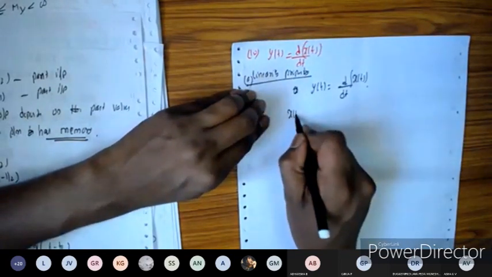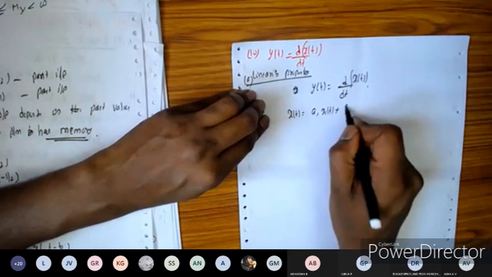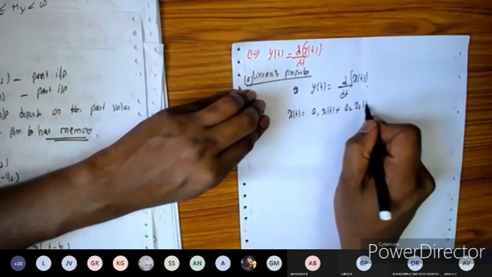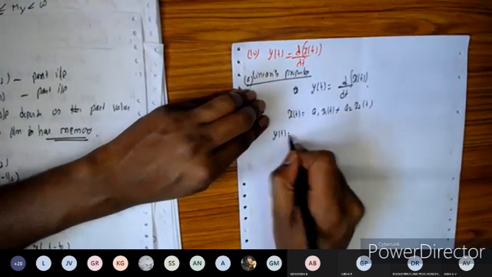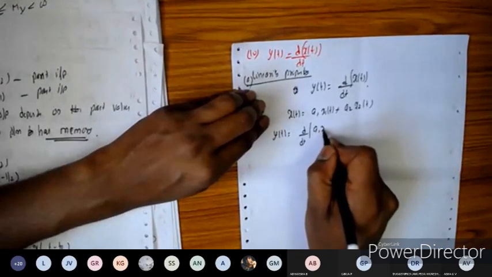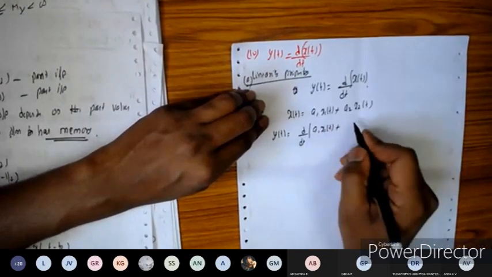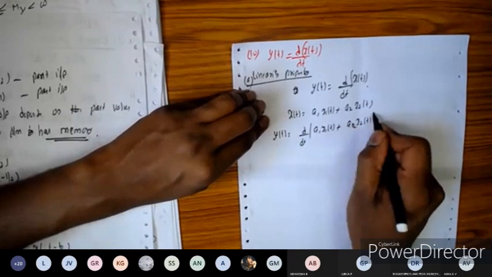Let us substitute x of t is equal to a1 into x1 of t plus a2 into x2 of t. So y of t will become d by dt of (a1 into x1 of t plus a2 into x2 of t).